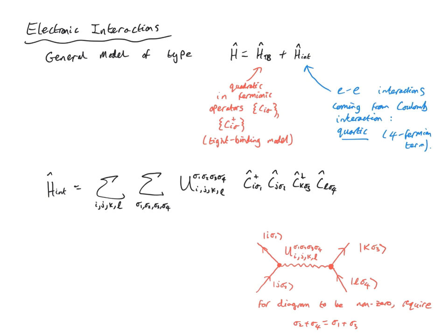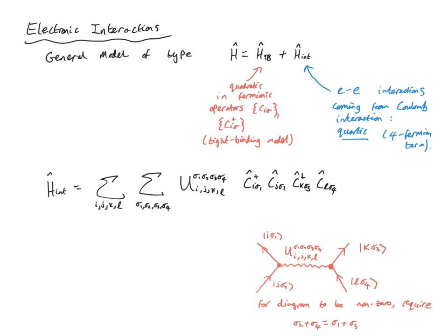The charge conservation is already taken care of through the fact that we have two destruction operators, the lines here that are heading in, and two creation operators, the lines that are heading out. So we can describe these kind of things very nicely just in terms of these kind of diagrams.